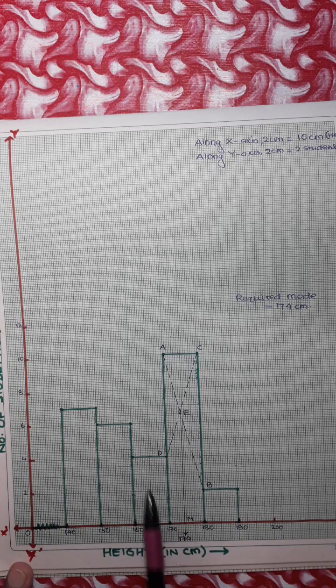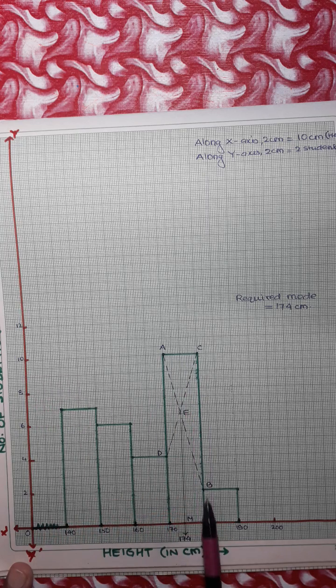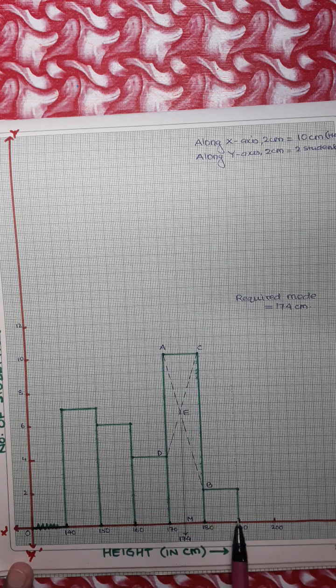Then 160 to 170, the number of students is 4. 170 to 180, the number of students is 10. 180 to 190, the number of students is 2. You can see this from the table also.